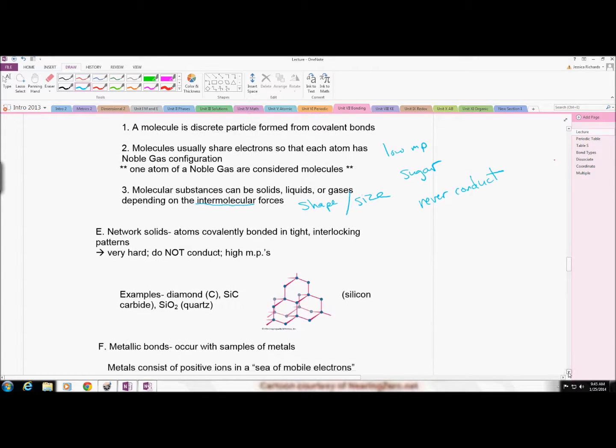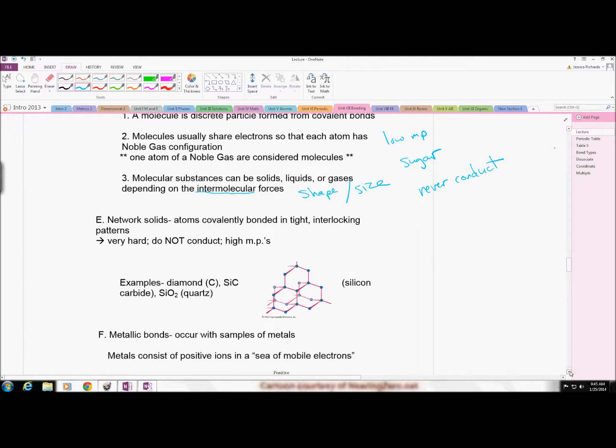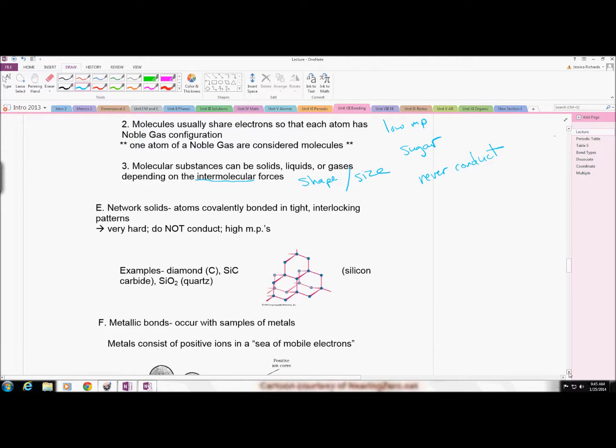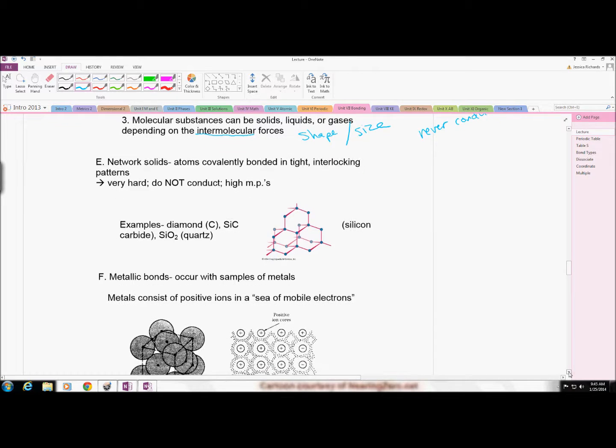Covalent bonds can sometimes be so tight that we call them network bonds, network solids. The covalent bonds form crystals. They pull them in very tight, they form crystals, and you get open spaces and it changes their properties. They're very, very hard. They don't conduct ever, and one of the things that makes them different from other covalent substances is they have very high melting points.